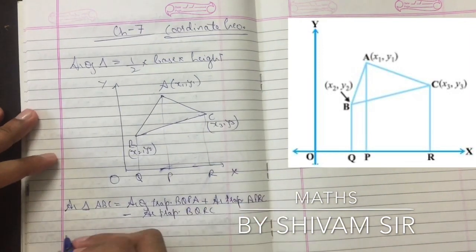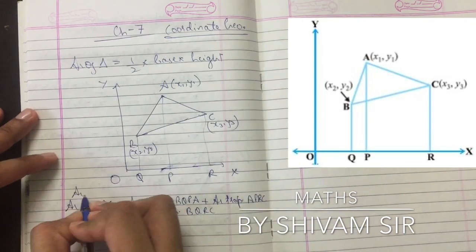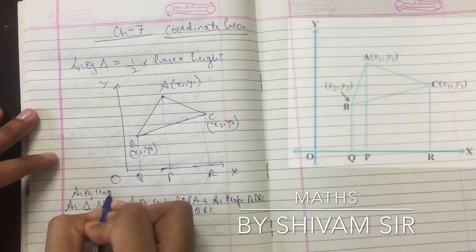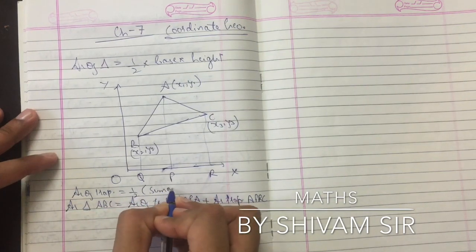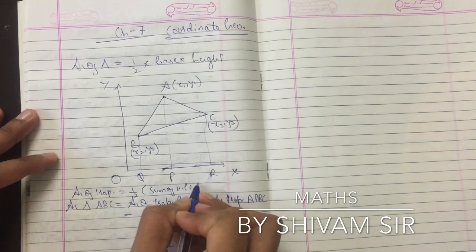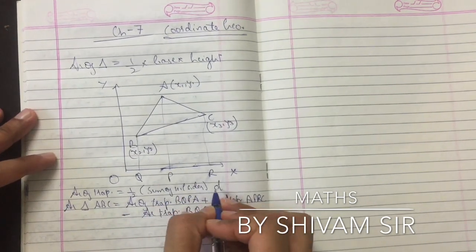So the area of a trapezium, we all know, is half the sum of parallel sides multiplied by the distance between them.